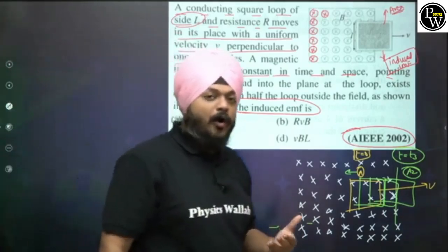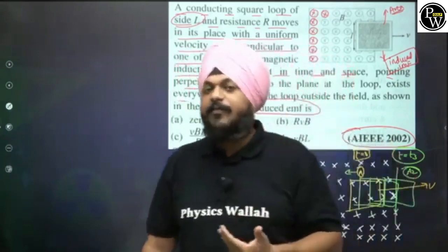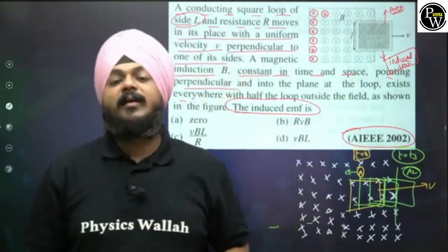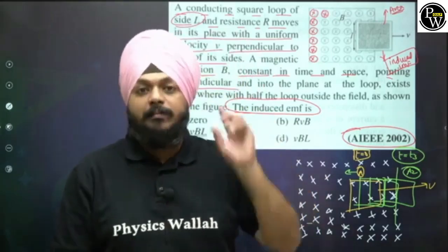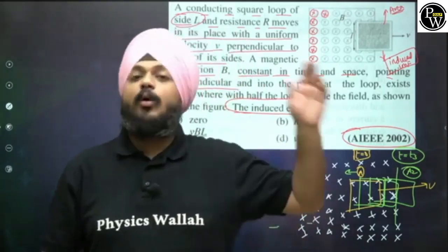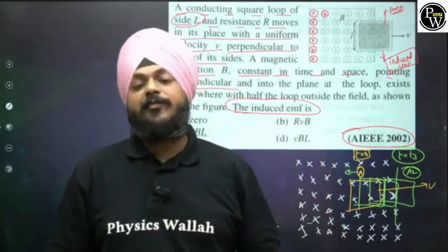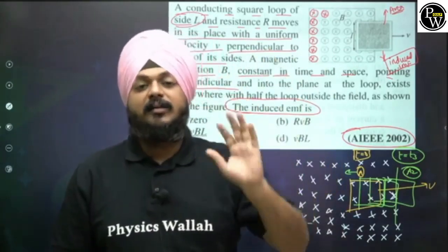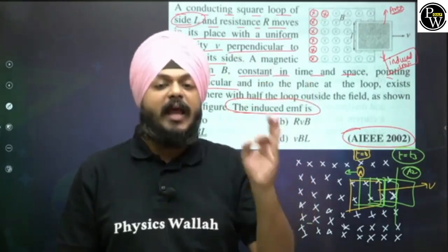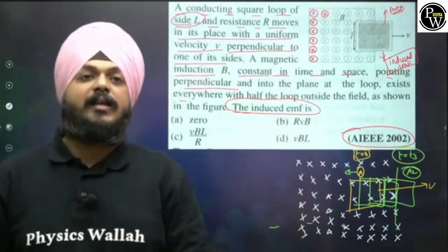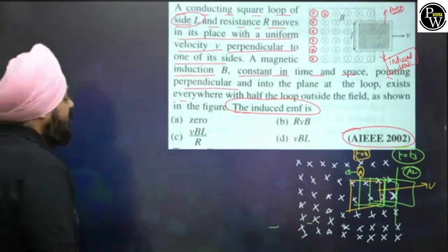The reason of having an induced EMF is only one, and that is flux needs to be changed. But the reasons behind a change in flux are three. Magnetic field can change, area may get changed, angle between the magnetic field and area may get changed. So here the area is getting changed.